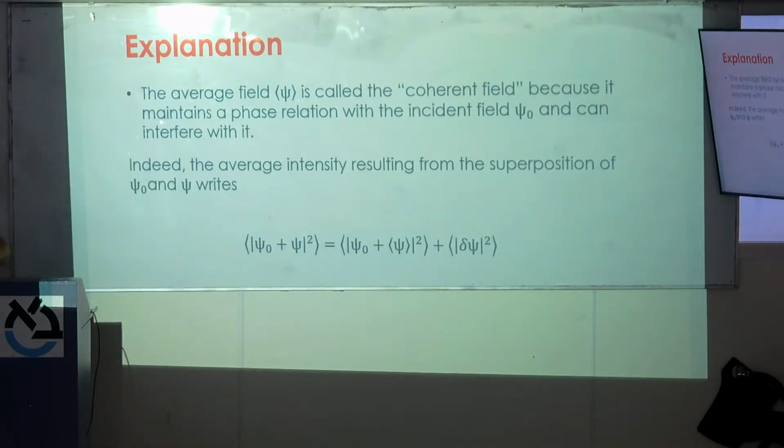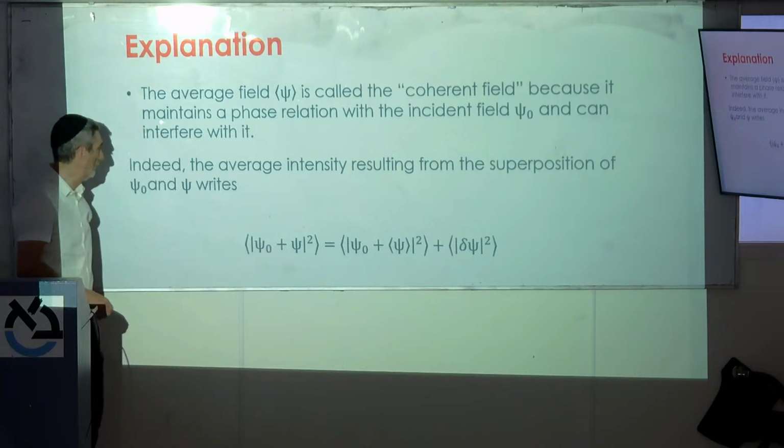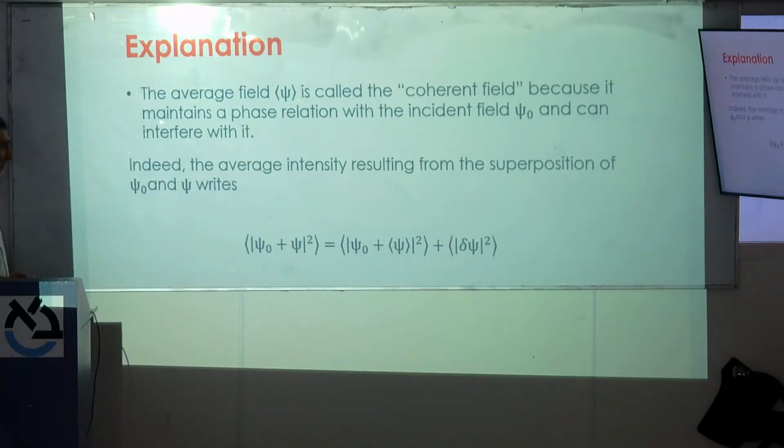So the average intensity resulting from the superposition of the incident wave and the field is not 0. Actually, it describes the interference between the two fields. So that's the interference there.